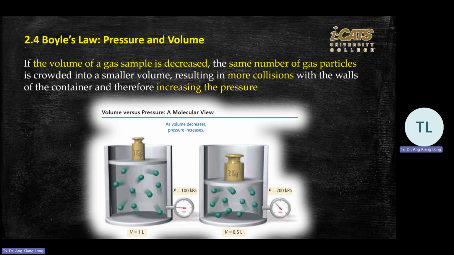If you increase the pressure, volume drops to half, 0.5 liter. So this is just an illustration. Different gases give you different values. So here in Boyle's law, you just assume you have a general gas or ideal gas.